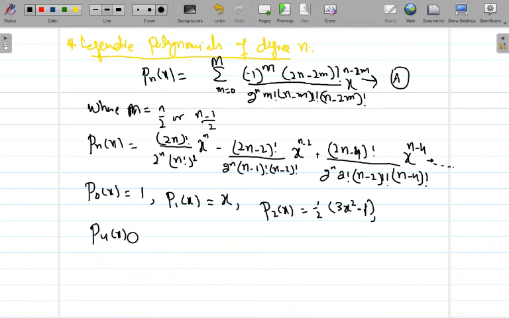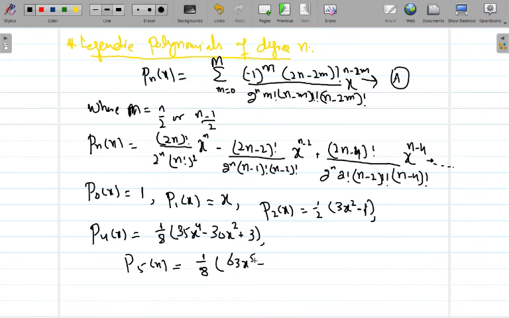For n is equal to 4, we get this polynomial 1 by 8 (35x power 4 minus 30x square plus 3), and for n is equal to 5, we get this polynomial 1 by 8 (63x power 5 minus 70x cube plus 15x), and so on.